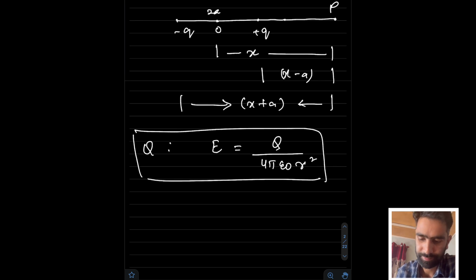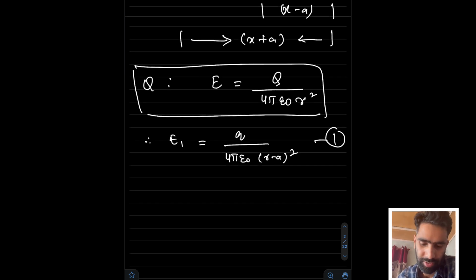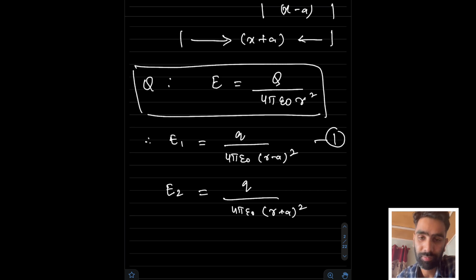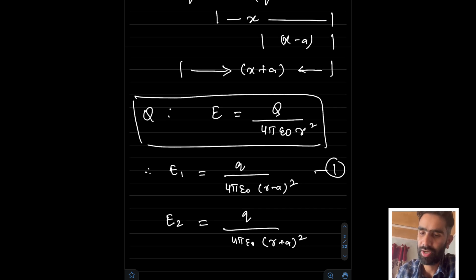So keeping that in mind, we can calculate the electric field due to this plus q charge at point P. Therefore, I can call it E1, which will be equal to q over 4 pi epsilon naught into r minus a whole square, where r minus a is the distance of plus q charge from the point of observation, point P. Similarly, the electric field due to minus q charge will be q over 4 pi epsilon naught into r plus a whole square, where r plus a is the distance of minus q charge from the point P.